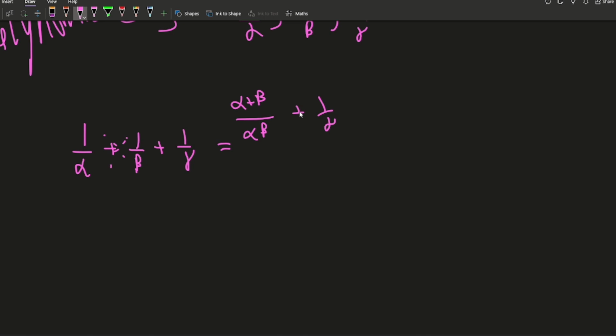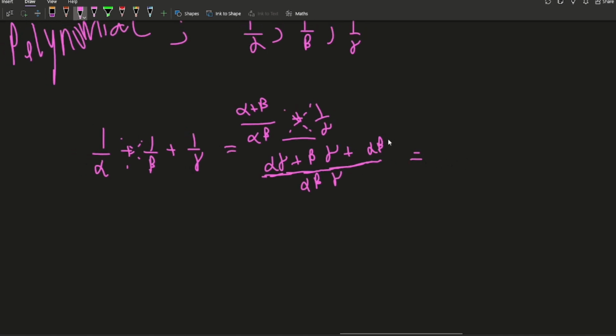Now let's take the LCM again: alpha gamma plus beta gamma plus alpha beta, all over alpha beta gamma. As you see, the numerator is a pairwise sum, everything multiplied by each other once. So we can write it as sigma alpha beta divided by the product of all three roots.